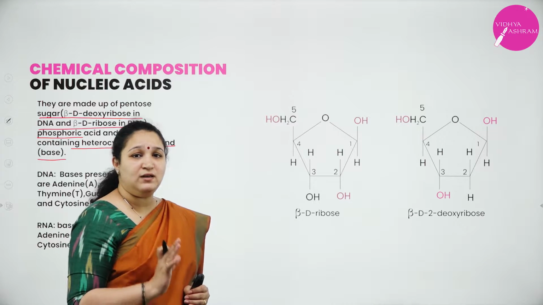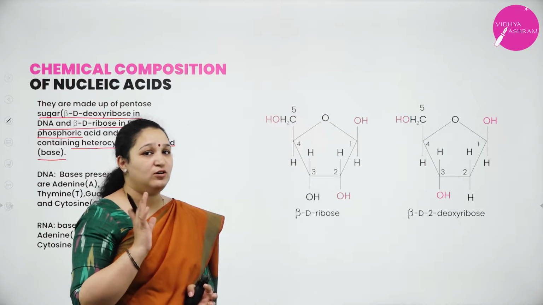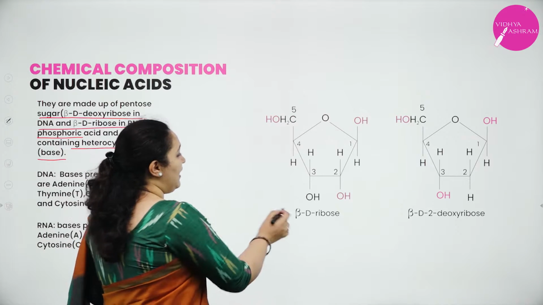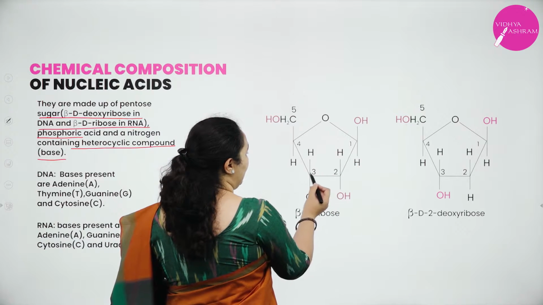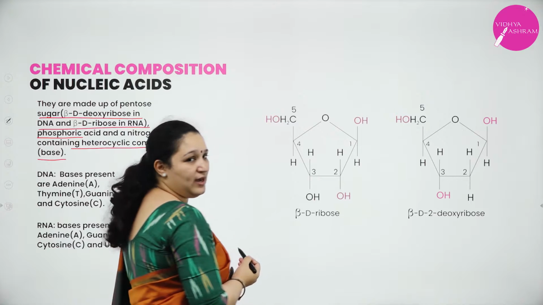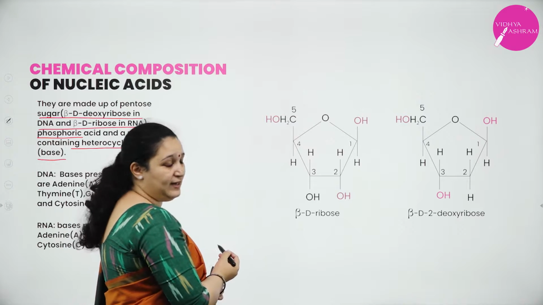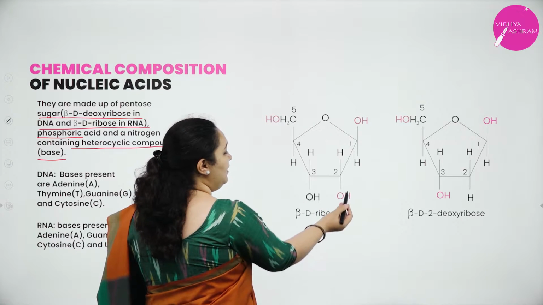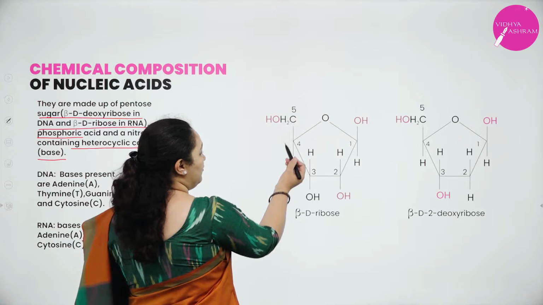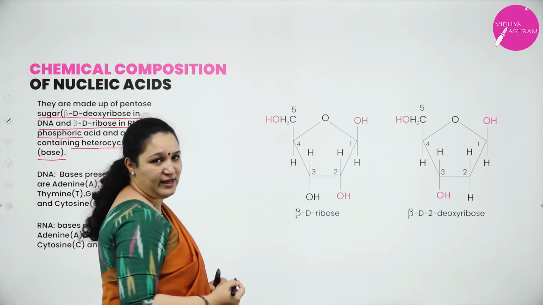It is a pentose sugar, that means it has got 5 carbon atoms, and the structure is here. See, ribose, if you see first, second, third, fourth, 5 carbon atoms. The first OH is above, so it is beta form. The second OH is below, third OH is below, and in the fourth you have CH2OH and H groups.